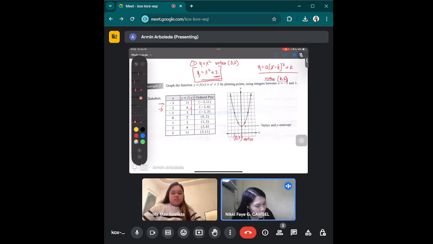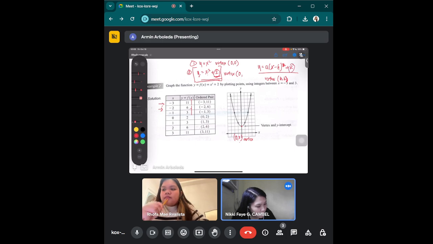It's at the origin. For this example, where is our h? Is there anything beside x, inside the squared? None, right? So the vertex at x is 0. But we have a k this time. Okay? Your k is the 2.